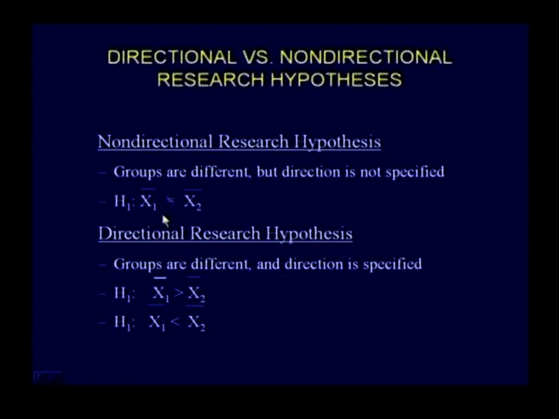We do not know which one is greater or which one is lesser. This leads to the second type of research hypothesis, which is called directional research hypothesis. The groups are different and the direction is specified. For example, x1 bar is greater than x2 bar, or the other way around. So these are called directional and non-directional research hypothesis.